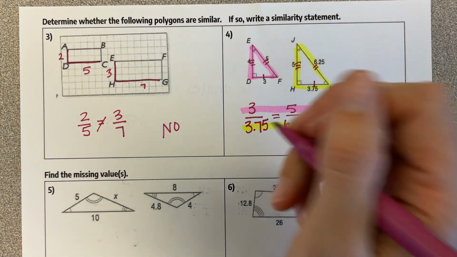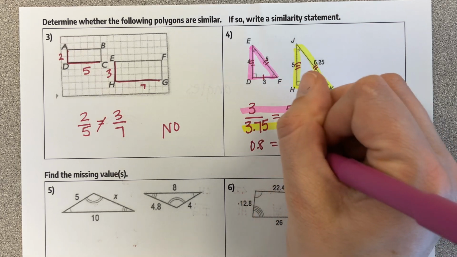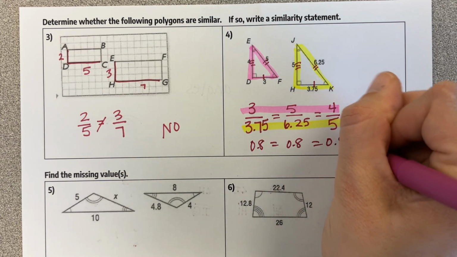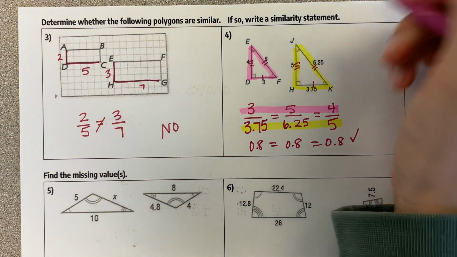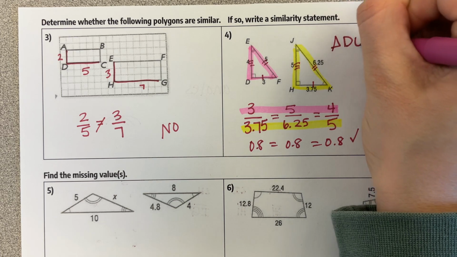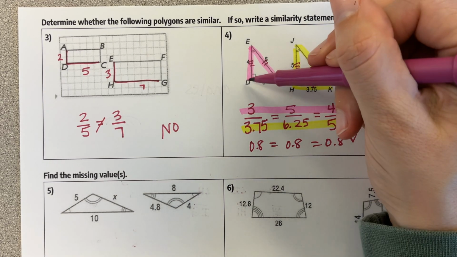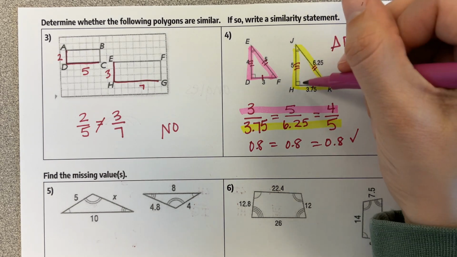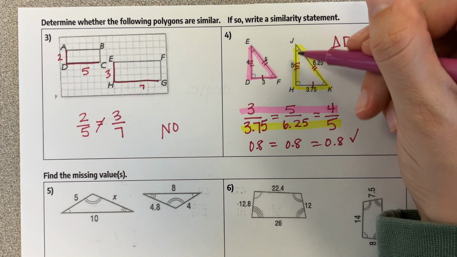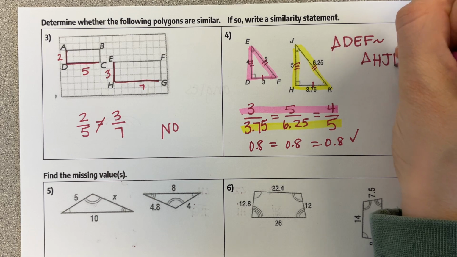When I do that, I get 0.8 for all 3 of these, which tells me that they are proportional, so therefore it is similar. So similarity statement, triangle DEF. So I went in the order DEF is similar to triangle, start in the same order, HJK.